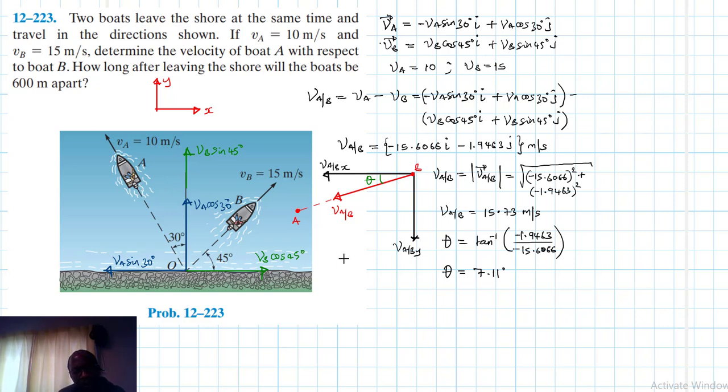Because of that we can simply say our distance S is just equal to VA with respect to B times the time.